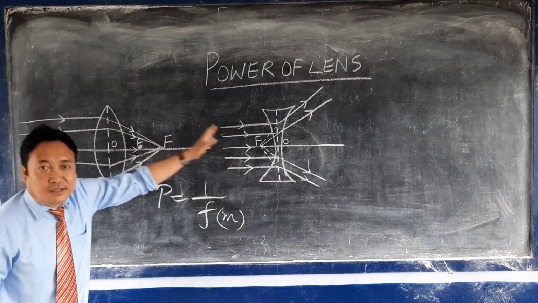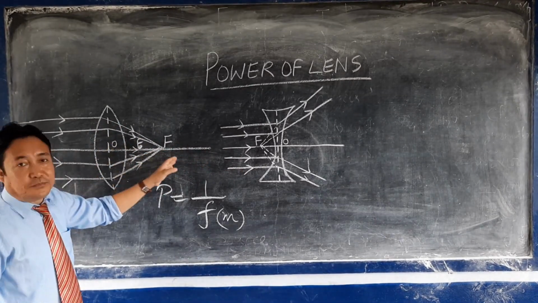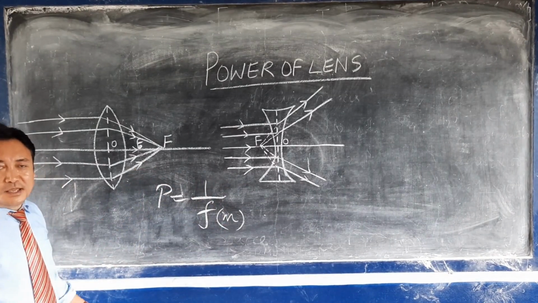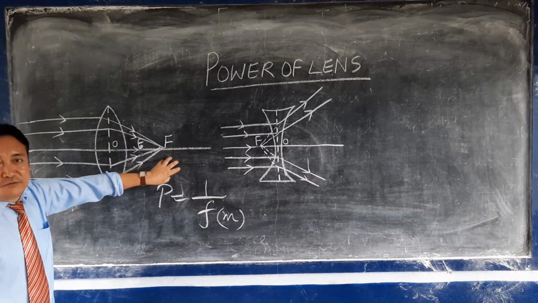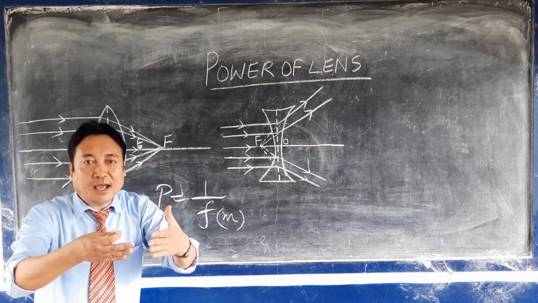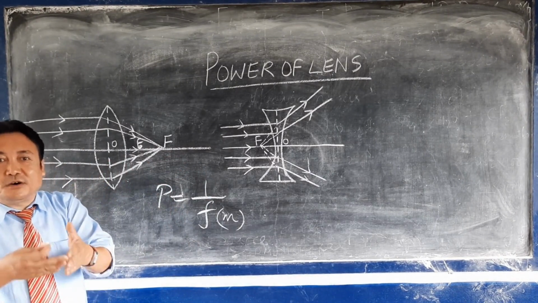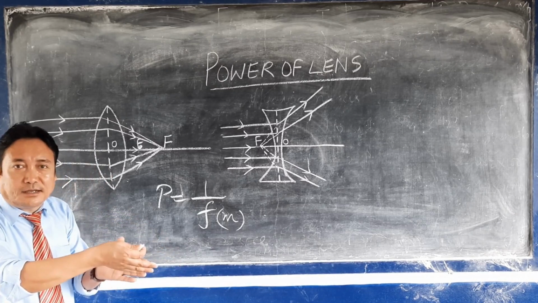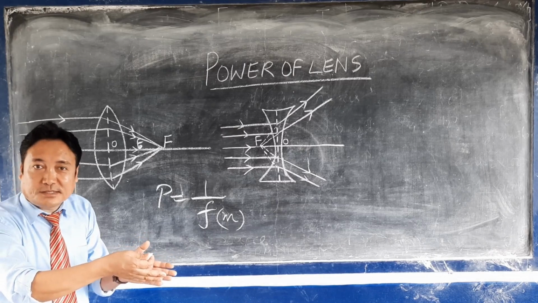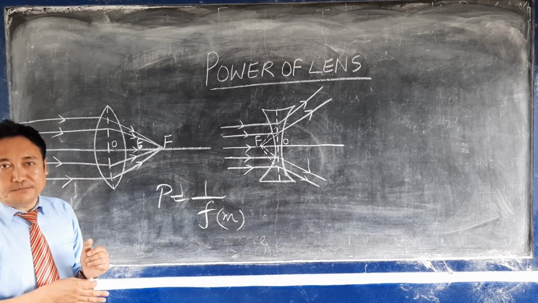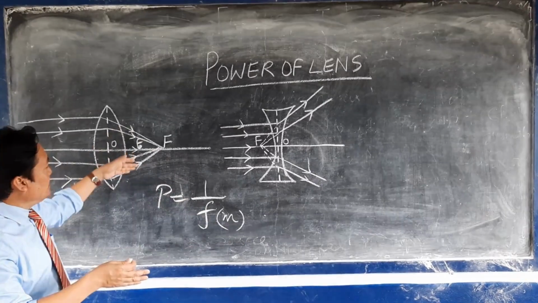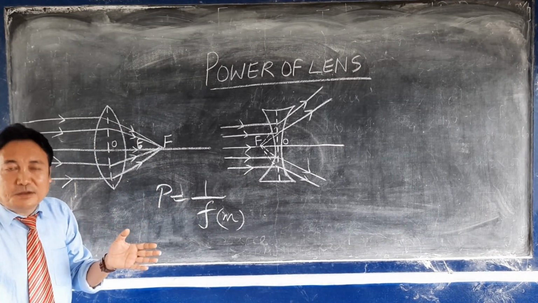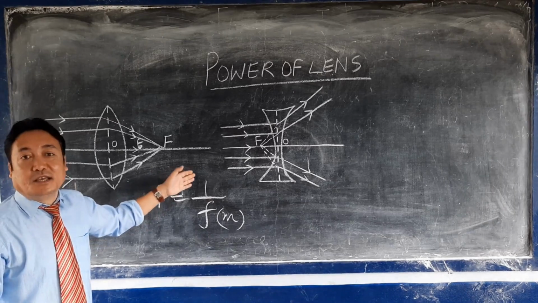Then when the rays focus farther away from the optical center, the focal length will become more, and if the focal length is more, the power will become less. We follow the convex lens because in a convex lens the rays of light get converged, either farther from the optical center or very close to it. When they converge close, the focal length is less and the power is more. When the refracted ray focuses away from the optical center, the focal length is more and the power is less, since power is inversely proportional to the focal length.